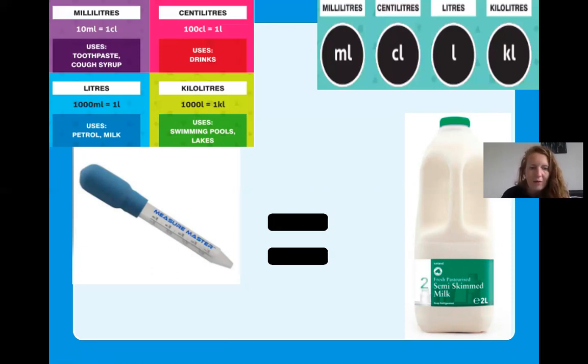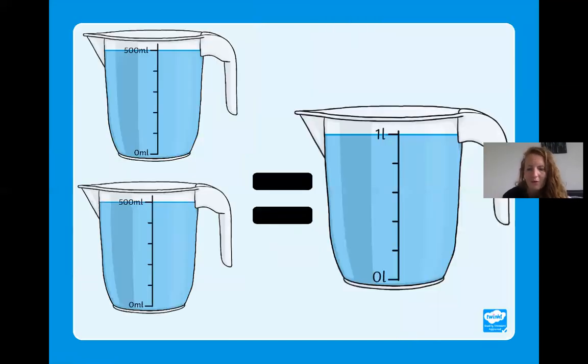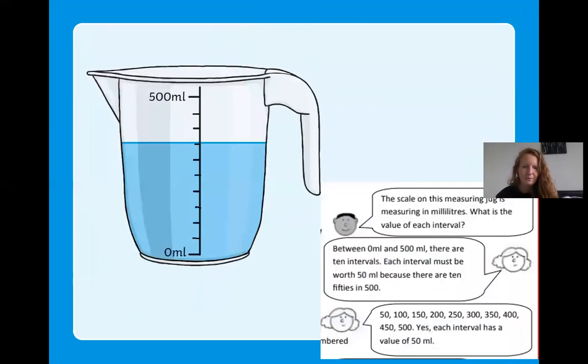So that would take a lot of these droppers, wouldn't it? I'm not going to do it, but here's an example like we had. This is my exact same measuring jug. This is a liter, so my other one, and then we have this one. This is my 500 milliliters. So it would take 2 of these to make this one, and I have that in that diagram there. So just some conversion ideas.